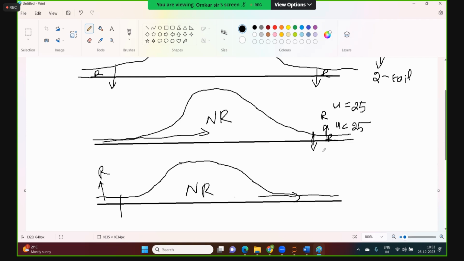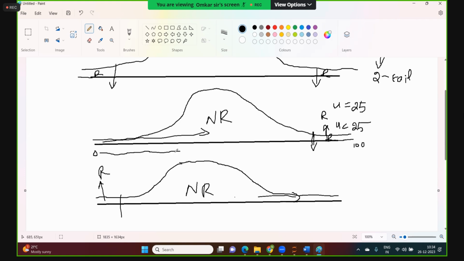How much is the p-value? 0.02. How much percentage is that? 97.855.